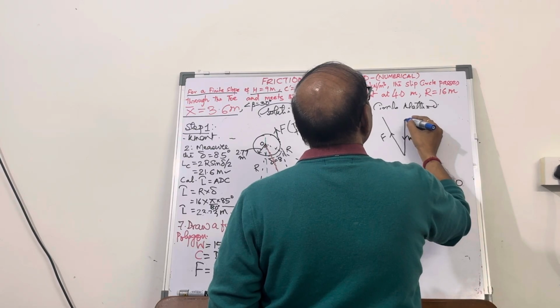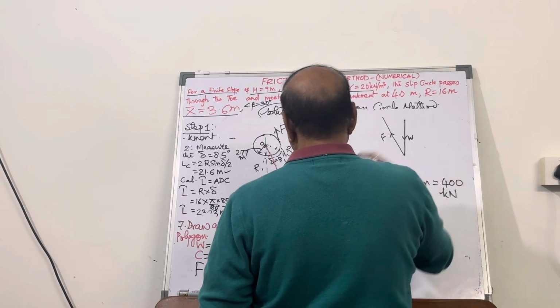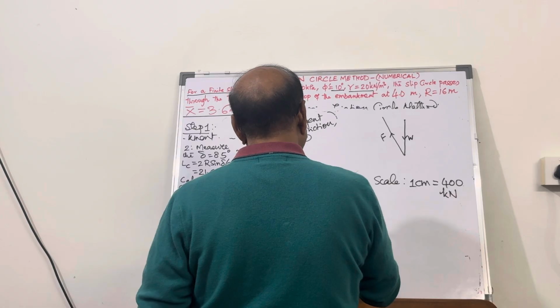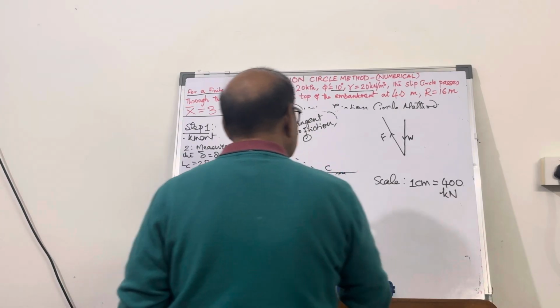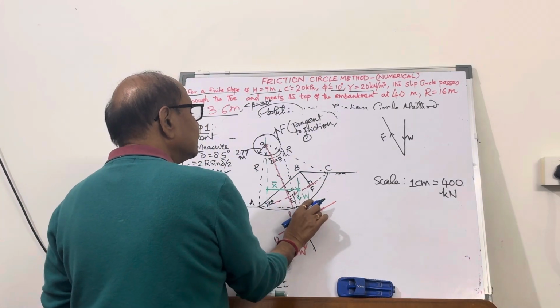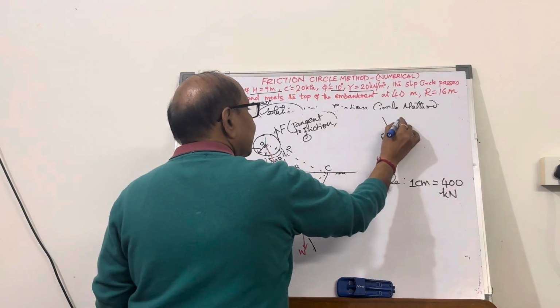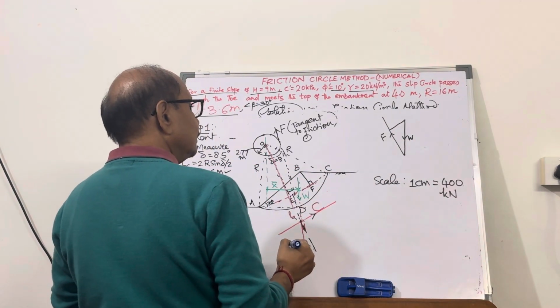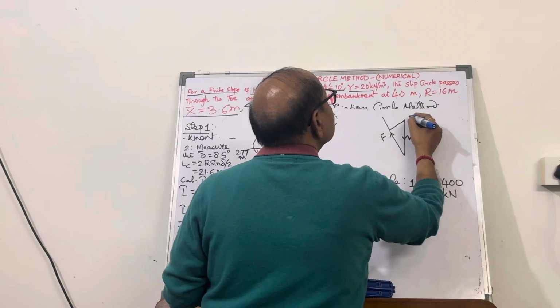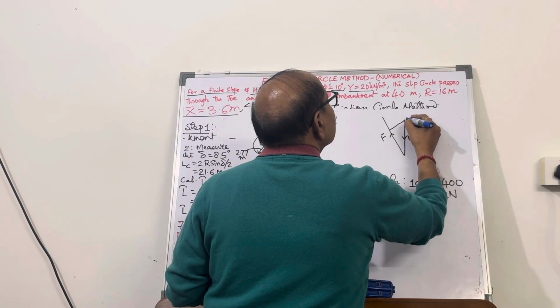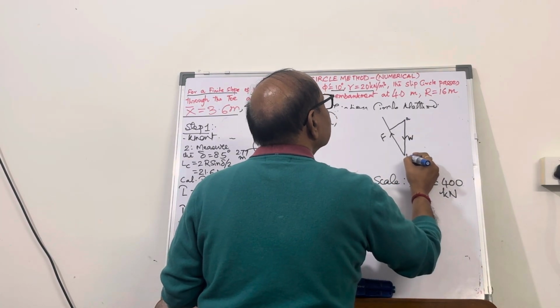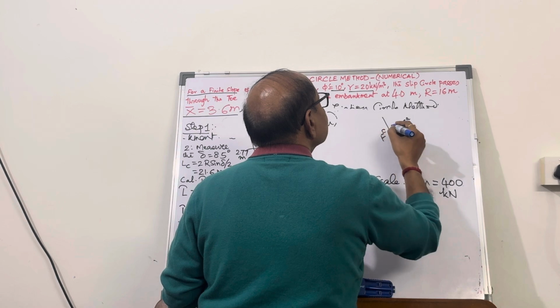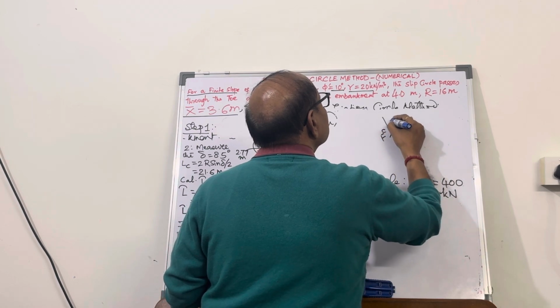So, from here, parallel to this, you know the direction of C. So, parallel to this, here you draw the line, you get A, B, C.